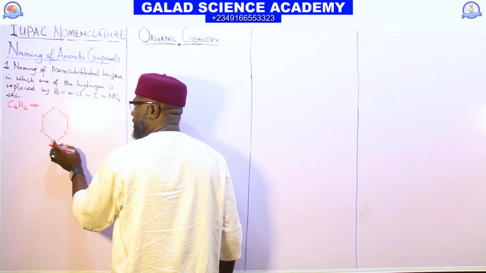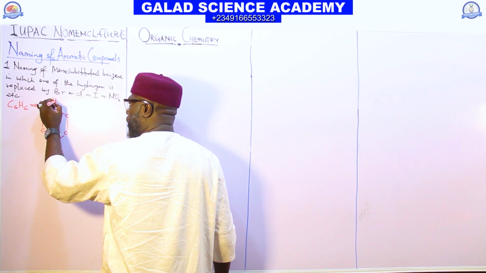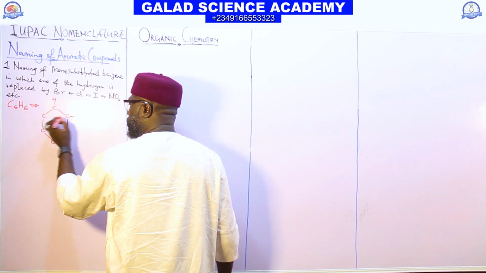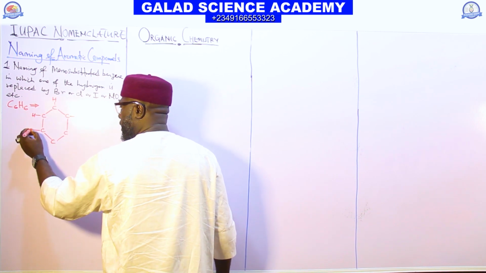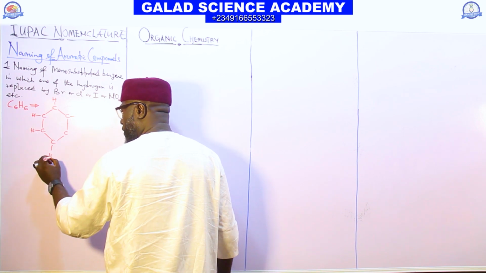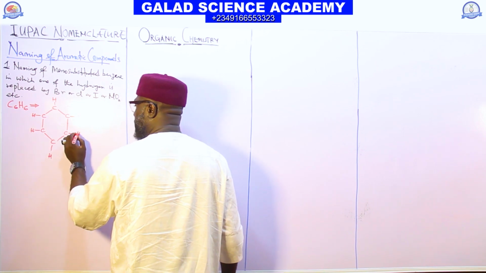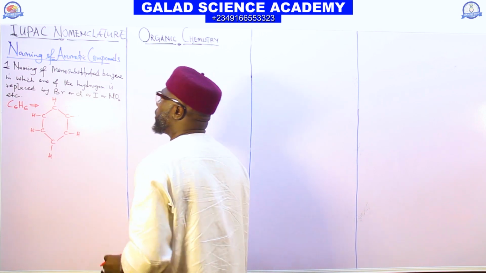How many carbons? 6. Hydrogen 6. 1, 2, 3, 4, 5, 6. This is the benzene structure.